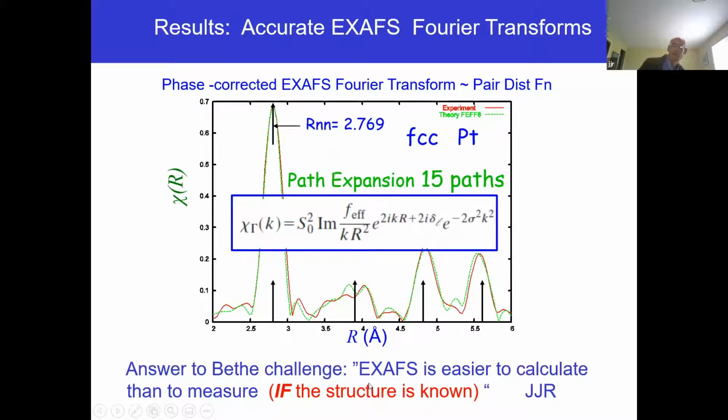The beautiful thing, though, is that if you have a theory like this, and you have estimates of the distances, then you can use the technique as a fitting code and determine all the interatomic distances and coordination numbers of the material that you're interested in. So XAS is an X-ray microscope. And you only need a few paths to do it, in this case, 15.